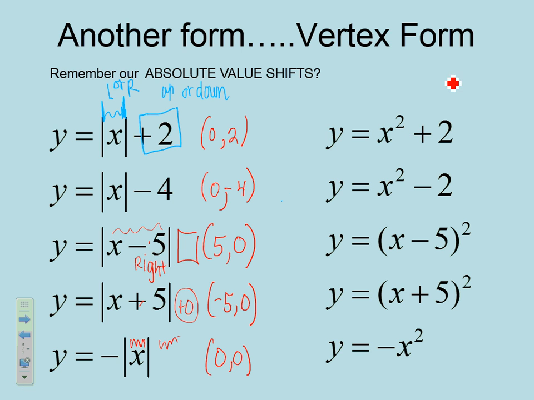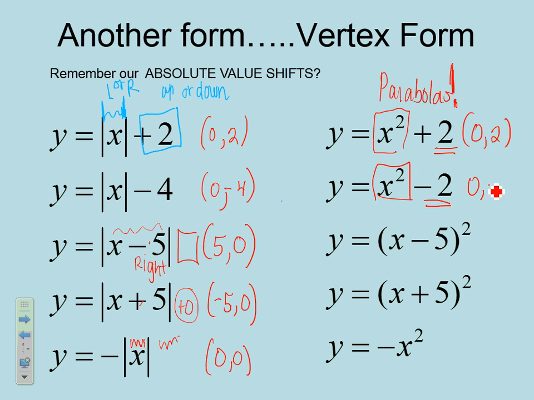Now the same thing happens when I have parabolas. So if I have these parabolas, this says nothing is affecting my x squared, but I am moving up 2. This says nothing is affecting the left or right, but I'm going to go down 2. Uh-oh.